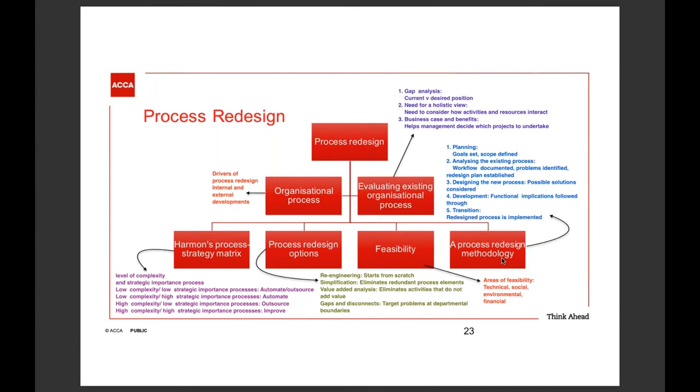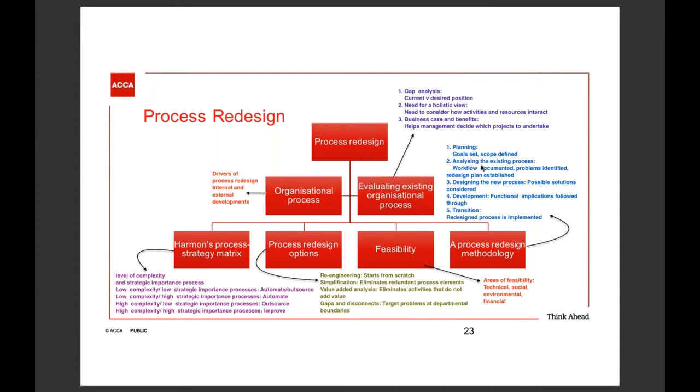Once it's feasible, you decide to redesign your process. These are the methods for you to do your process redesign. First, definitely you need to do some planning. What's your goal of redesigning, and the scope of the process that you want to redesign.